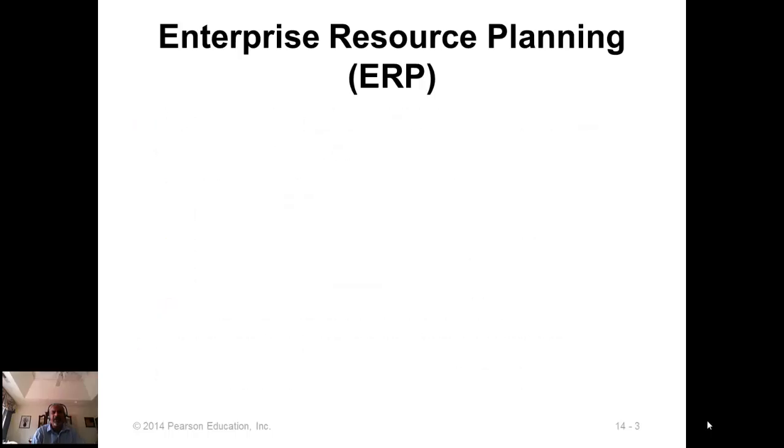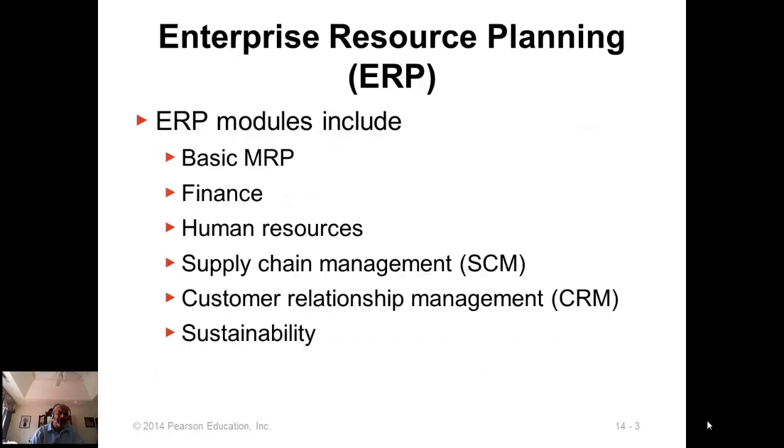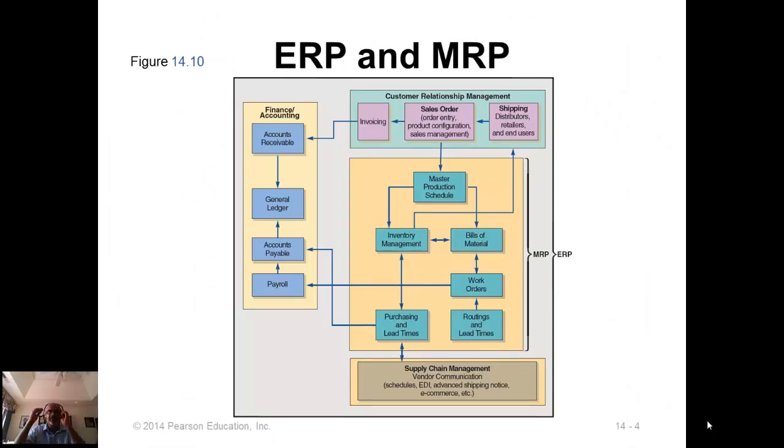So here let's look at what that system will look like. ERP will include, of course, the basic MRP, but it also will include the financial systems, human resource systems, supply chain management system, customer relationships from marketing and sales, and sustainability, and everything is included in this mega system. Here is how that system will work.